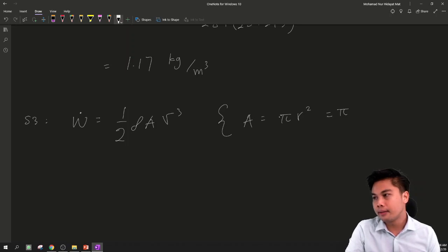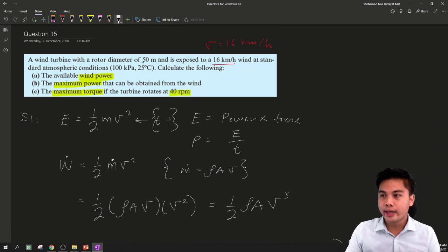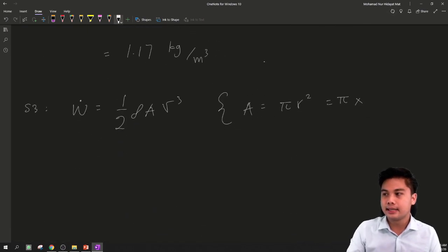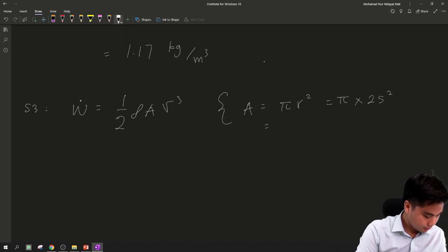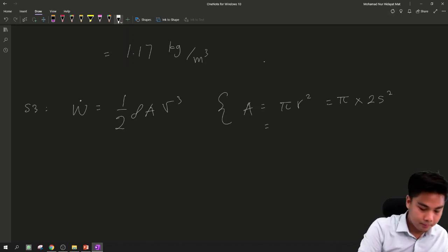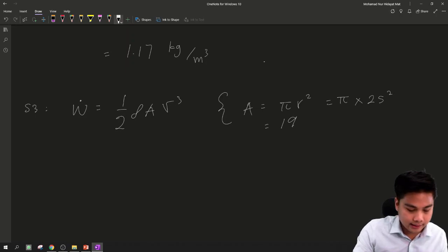The radius here is 25, because 50 is the diameter. So the area is pi multiplied by 25 squared, which is 1963.5 square meters.